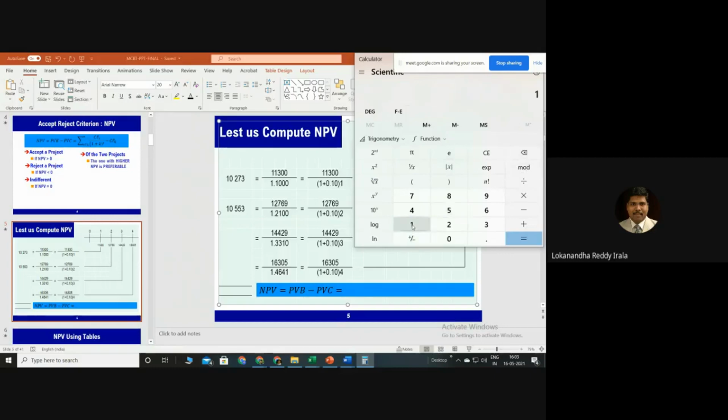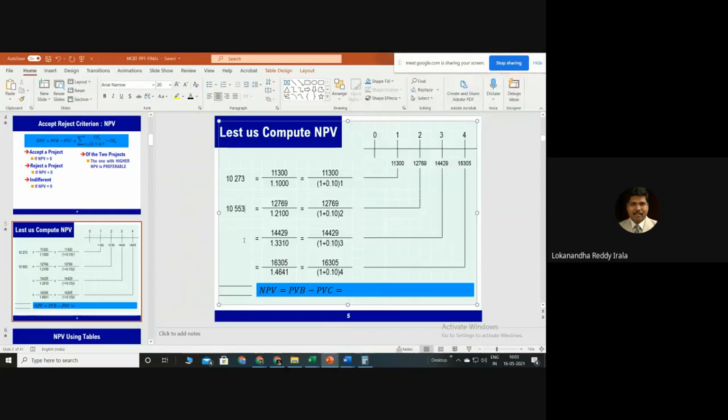Then 14,429 divided by 1.3310. So this is 10,841.